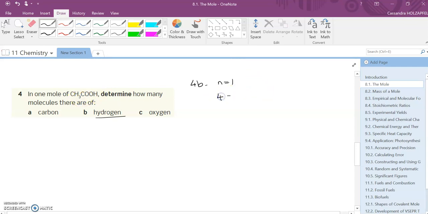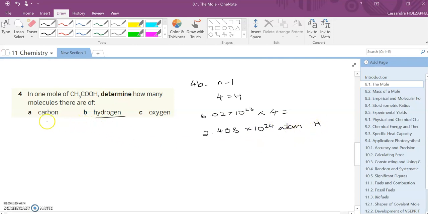So in each one of these molecules, there are 4 individual hydrogen atoms, okay? So now let's work out how many exactly that is. If I've got 6.02 times 10 to the 23 particles in 1 mole, and I've got 4 individual atoms, I'm just going to multiply that by 4, and that's going to give me 2.408 times 10 to the 24 atoms of hydrogen.